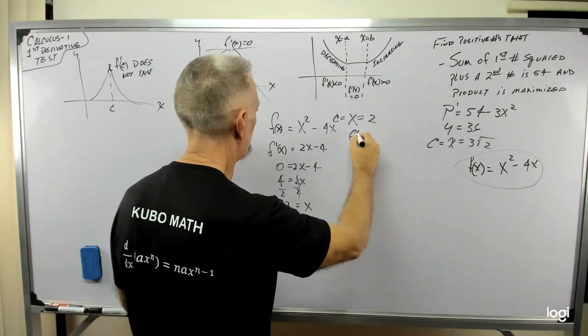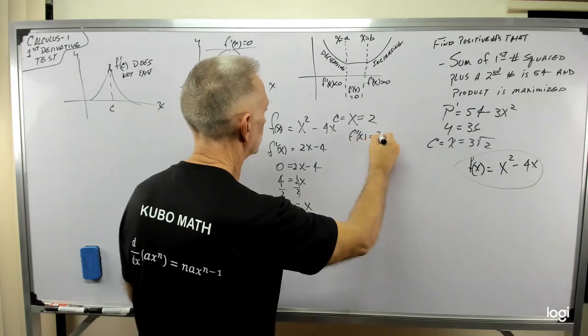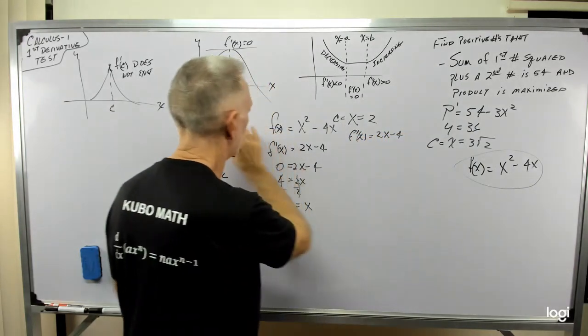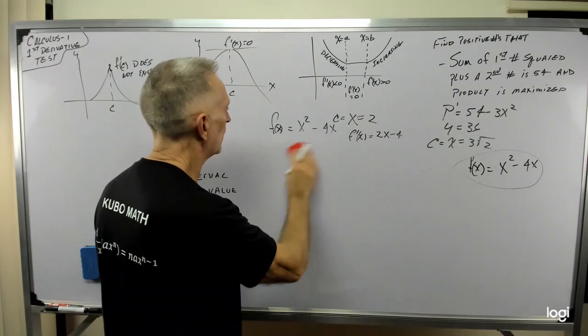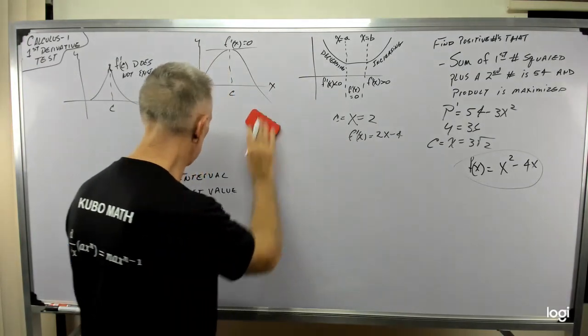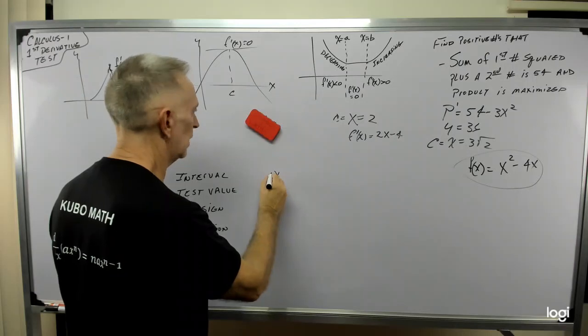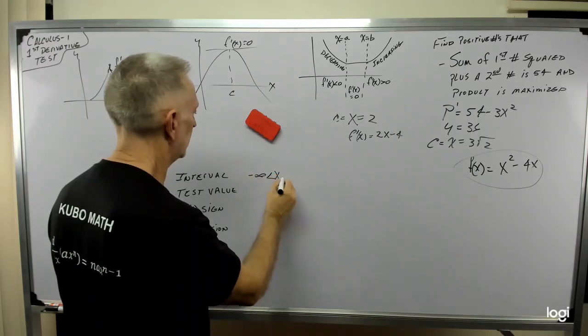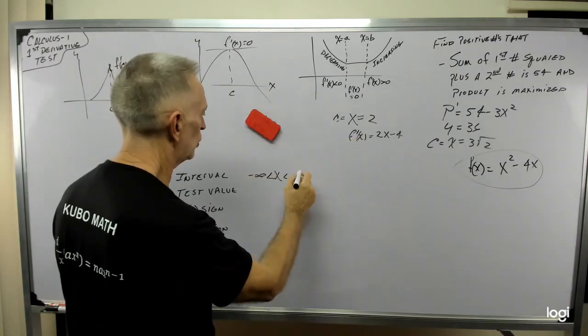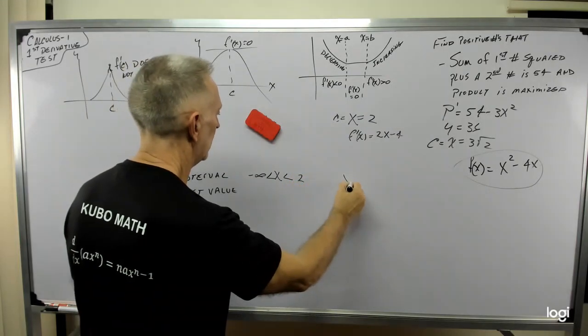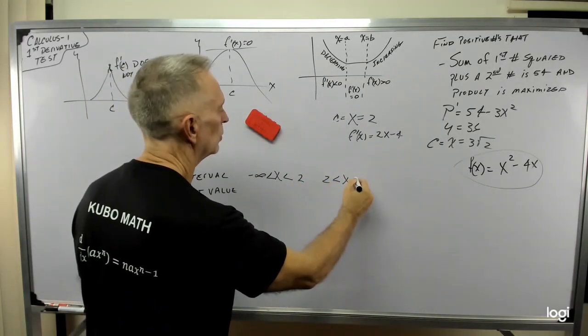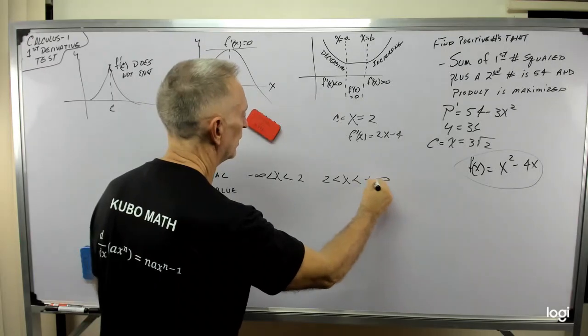So f prime of x was 2x minus 4. All right. So you can see now my interval is going to be x is greater than minus infinity, but less than 2. So now x is greater than 2, but less than positive infinity.